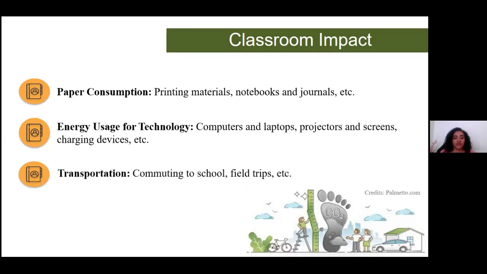And the transportation, for example, when we commute to school, trying to use our own vehicles, it's something that causes the most emission of carbon dioxide. So for this, it's better to use other kinds of sources that I'm going to mention in some minutes.